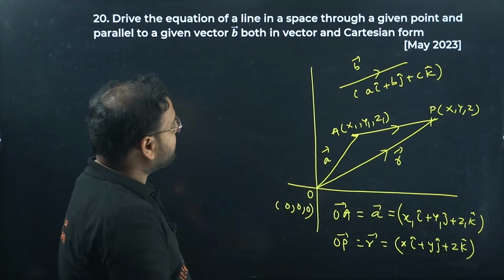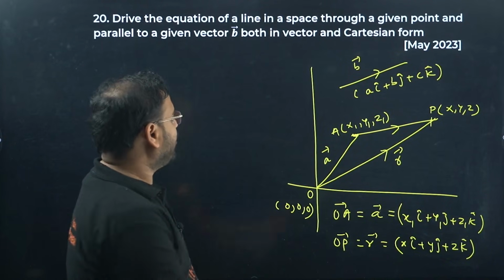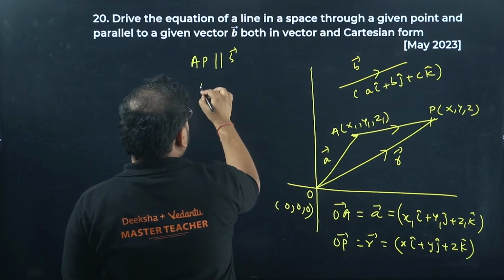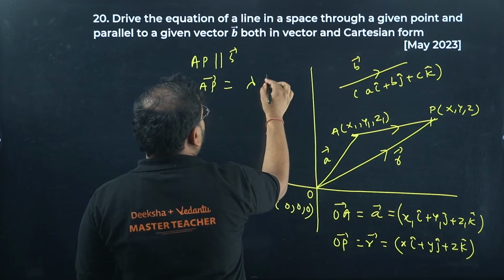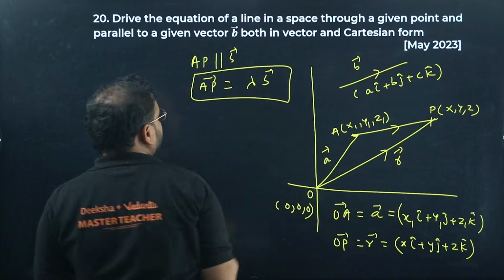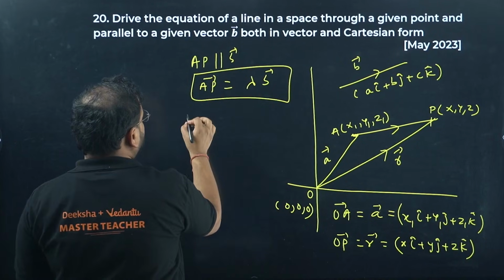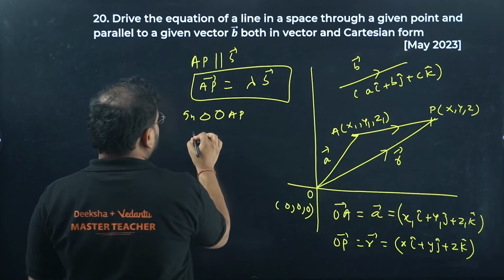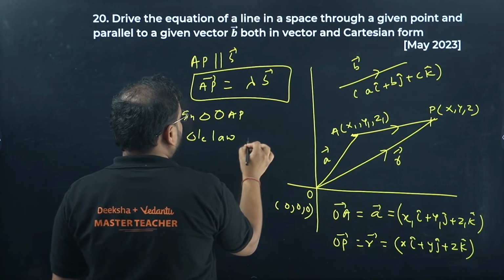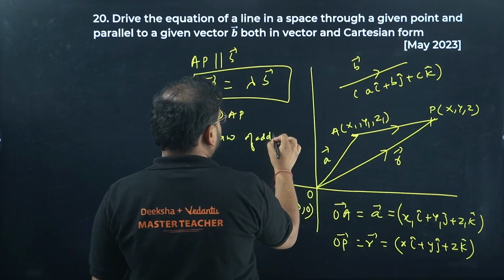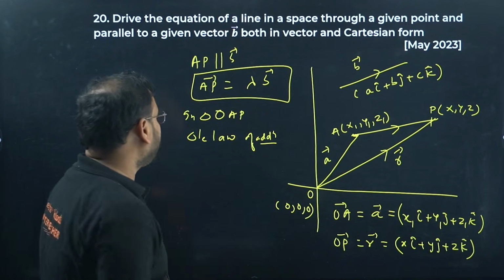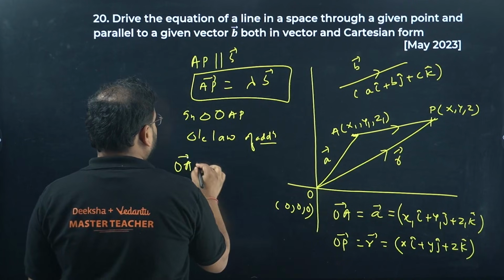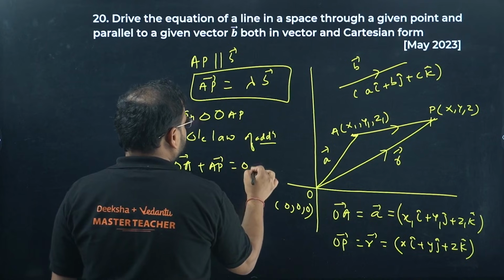Also we know that since AP is parallel to the vector B, vector AP will be nothing but lambda times vector B. So how would you write this? Now in the triangle OAP, I can apply the triangle law of addition, and I'll get OA plus AP is equal to OP.